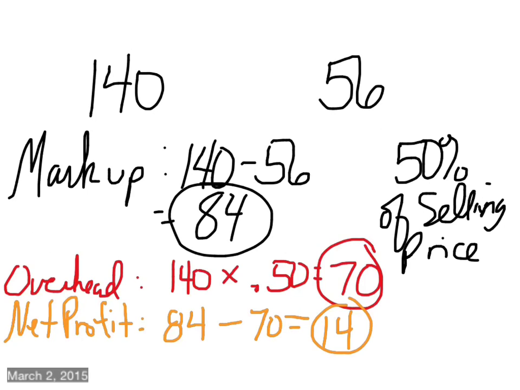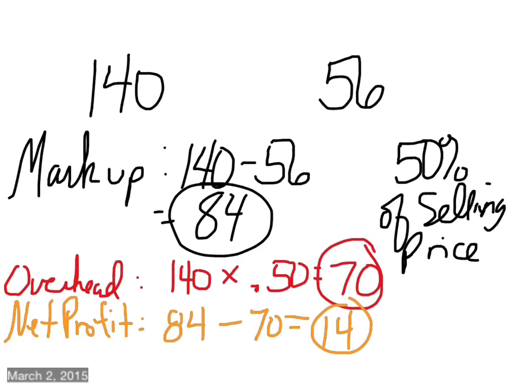Shoes. Okay? So the pair of shoes that you sell for $140 costs you $56 from the manufacturer. That means you marked it up $84 to get that $140 price. The overhead on it is $70.